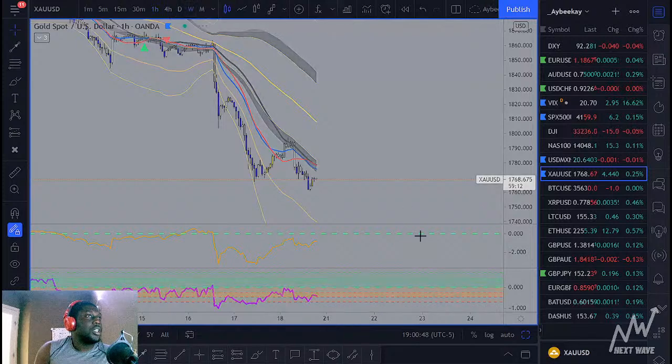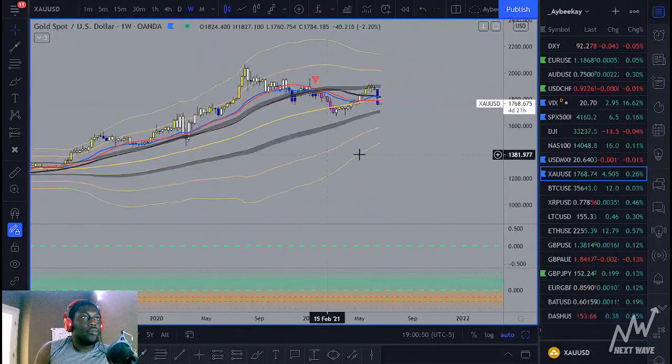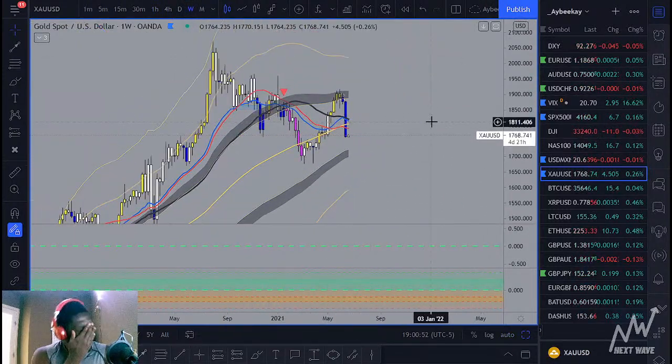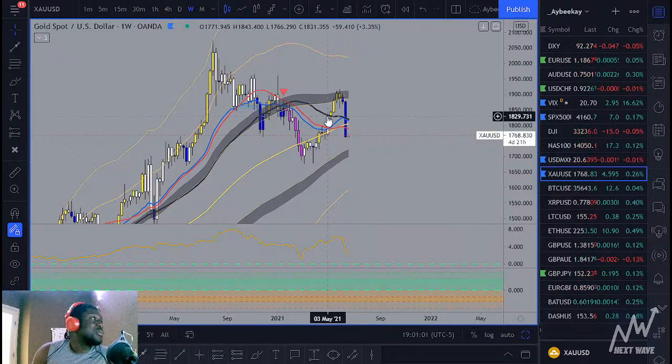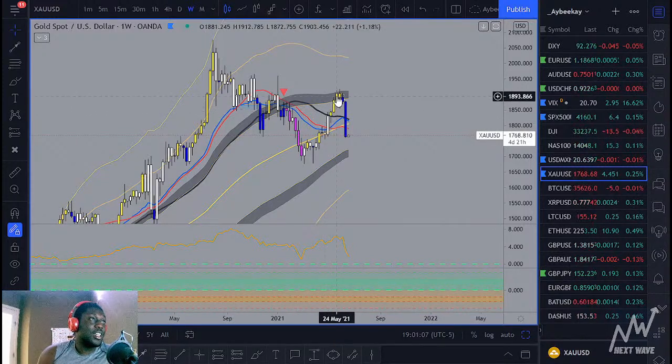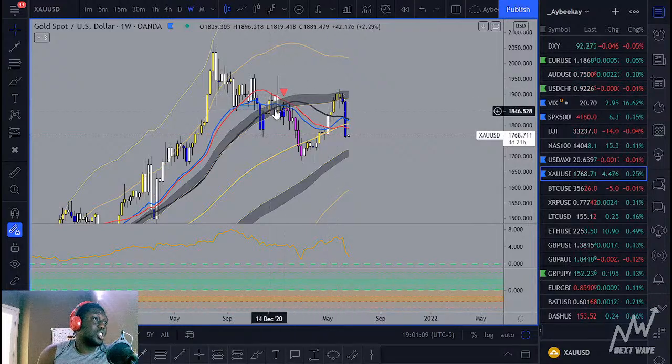Let's go on over to the weekly time frame real quick. This hurts to see because again, I was in from this sell right here on gold, and I had even mentioned multiple times on past analysis that price can definitely come back up all the way to this upper danger zone and respect it and drop, and that's exactly what it did.